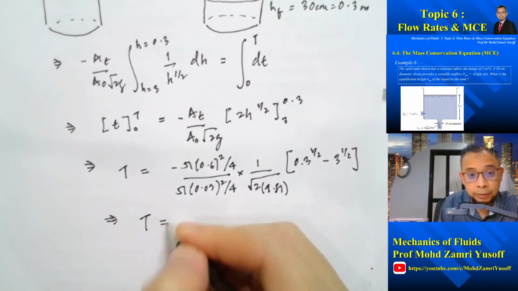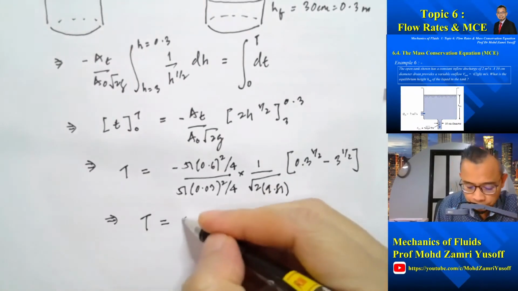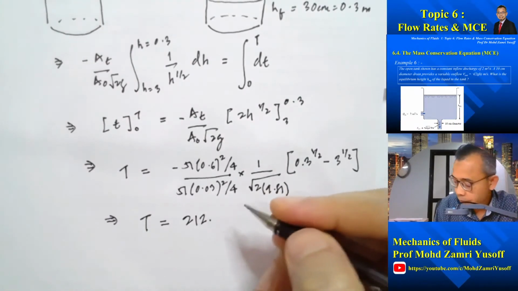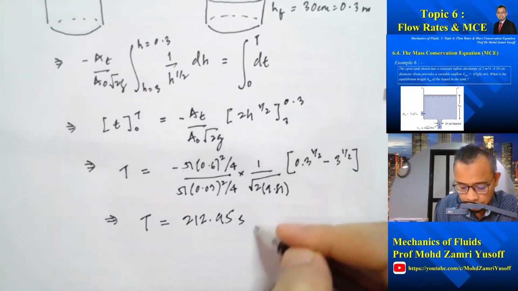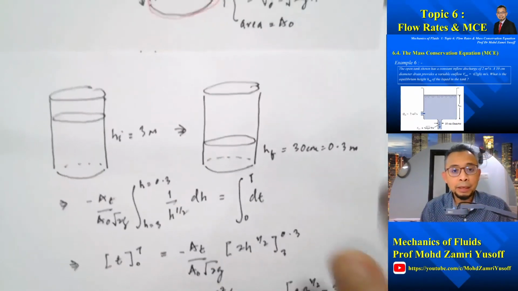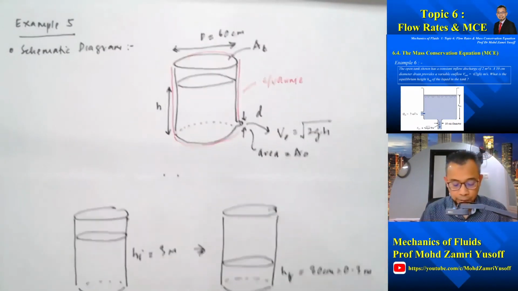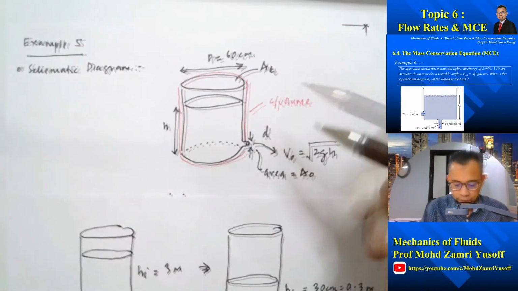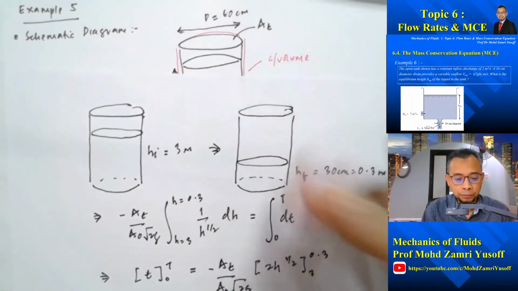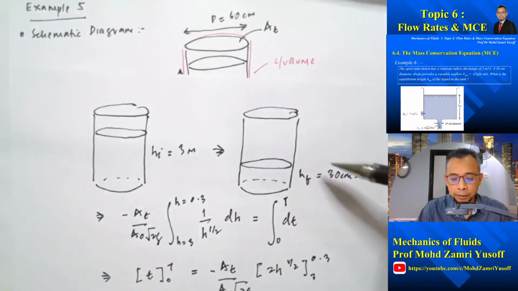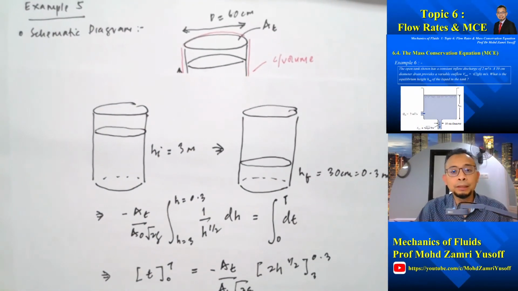This gives the time taken equal to 212.95 seconds. So that means it will take about 212 seconds for the water level to fall from 3 meter to 30 centimeter.